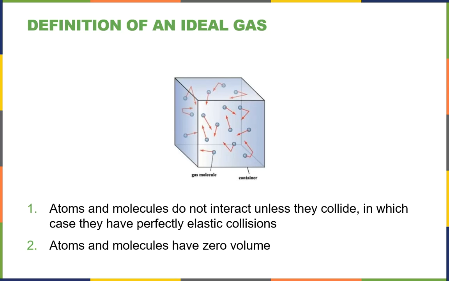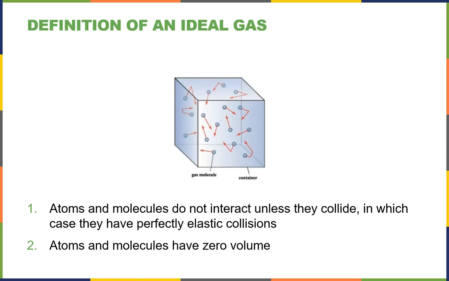So what makes a gas ideal is, number one, atoms and molecules don't interact unless they collide. And if they collide, they have purely elastic collisions. Now, in reality, nothing's purely elastic. But this is an approximation of what would be ideal behavior.